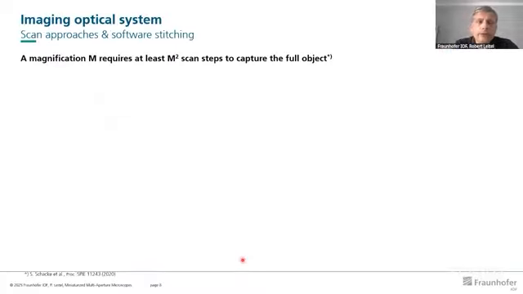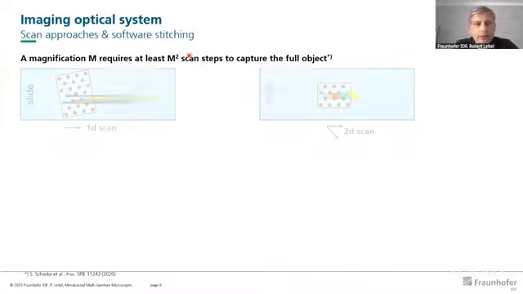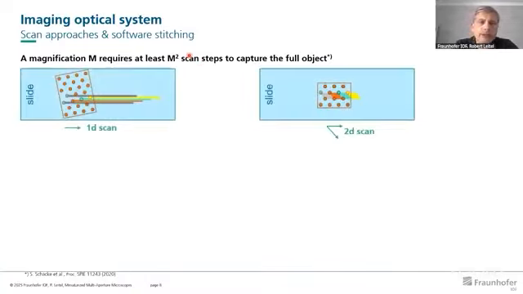If you have a magnification factor of M, then it needs at least M squared scan steps to cover the full object completely. And you have two possibilities.